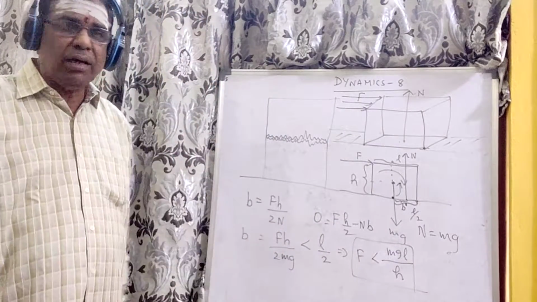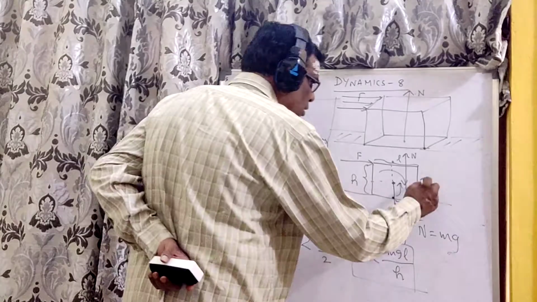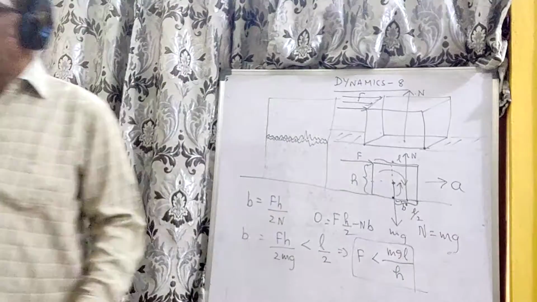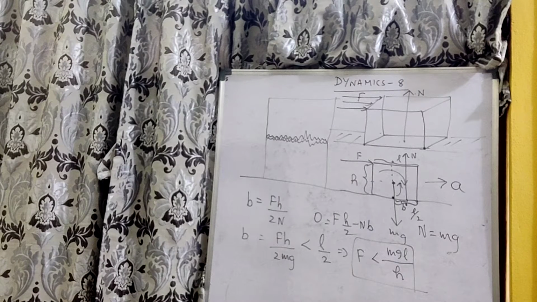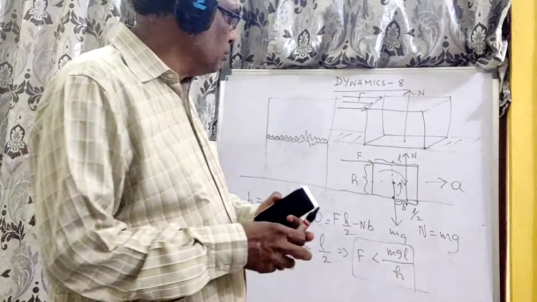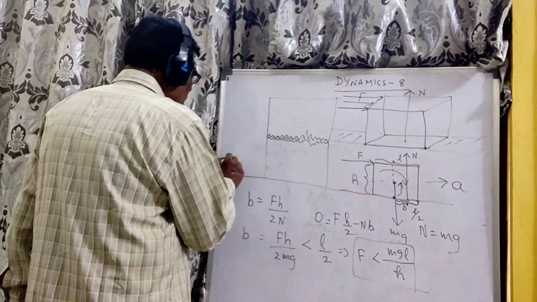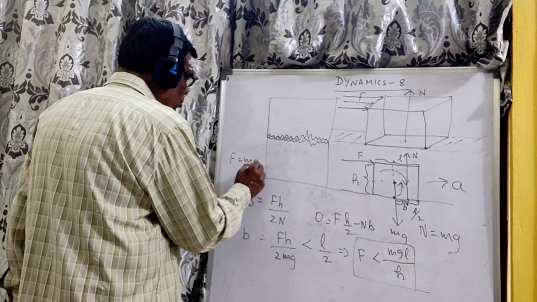If you apply such a force, less than this, all depends on the dimensions, then this body will never get toppled. But what is happening in this direction? This is bound to accelerate with certain acceleration a. Therefore, F is equal to ma.